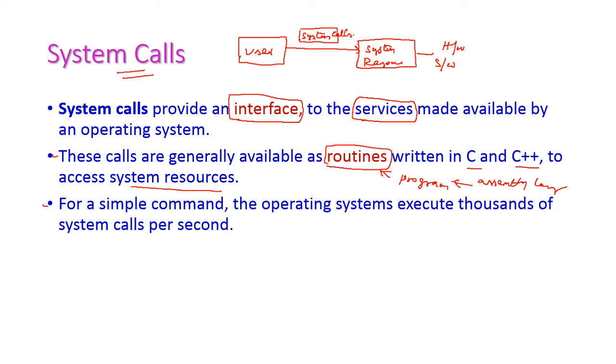For example, to execute a simple command, the operating system will execute thousands of system calls per second. Okay, for executing a very simple command, a large number of system calls are required to complete that particular command.